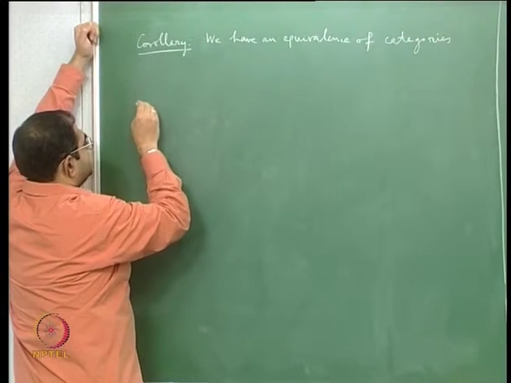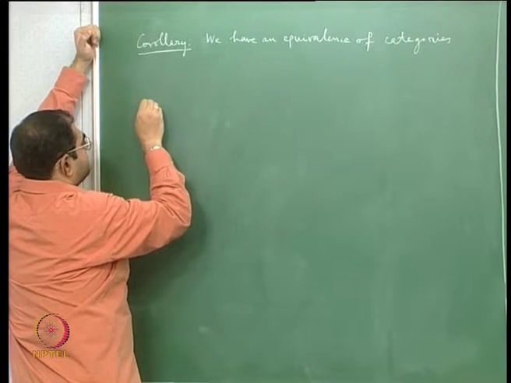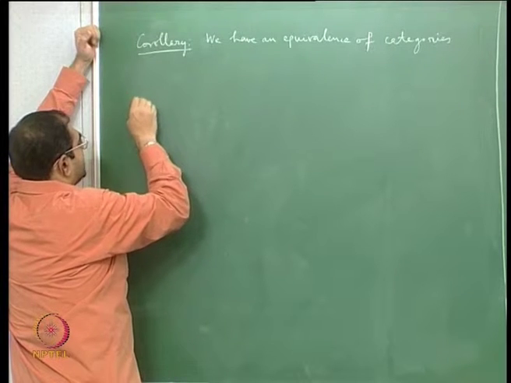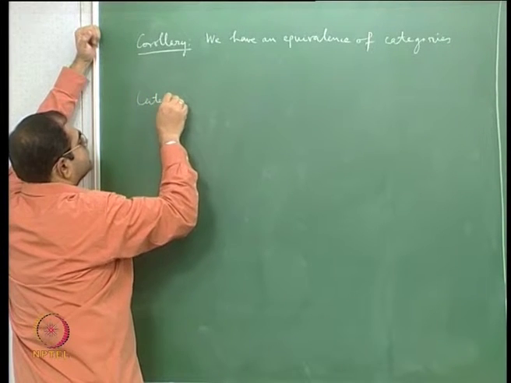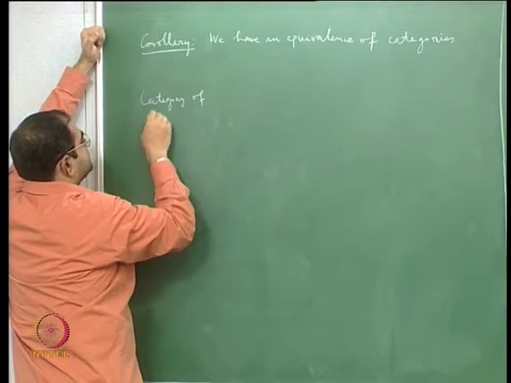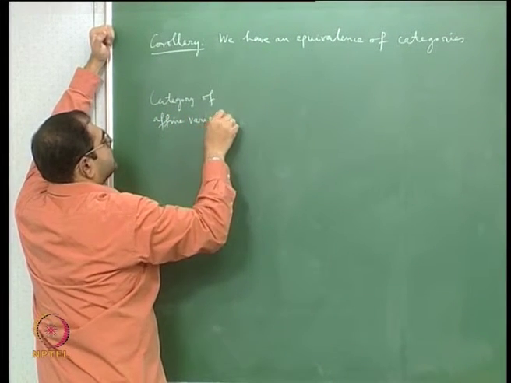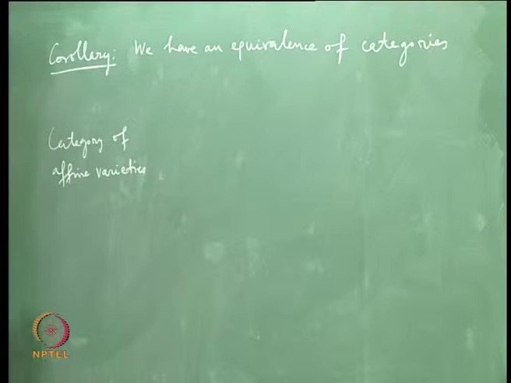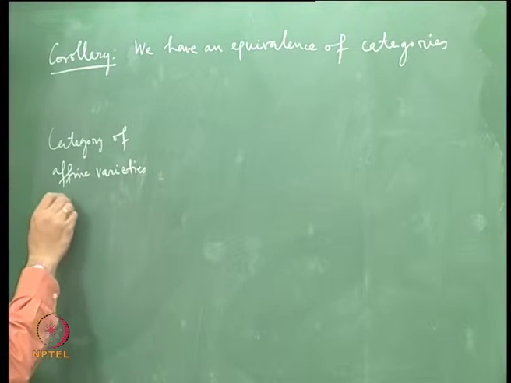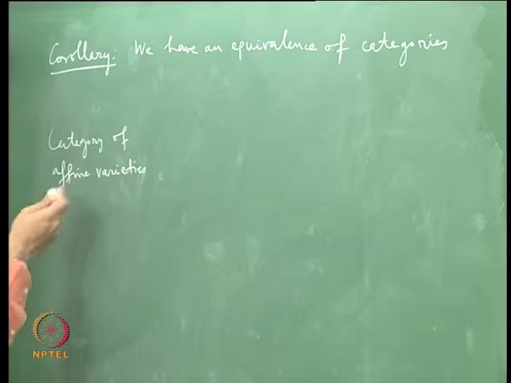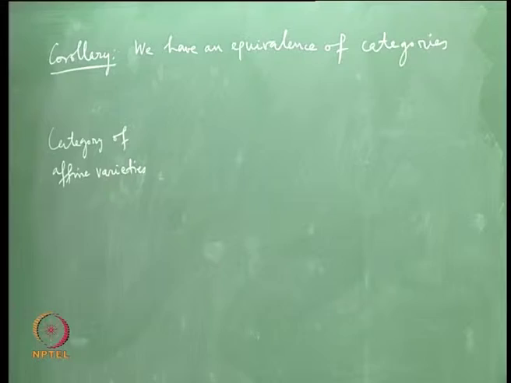On this side we have the category of affine varieties. These are the objects, and when I say category of affine varieties, it means that the objects are affine varieties and the morphisms are morphisms of varieties.